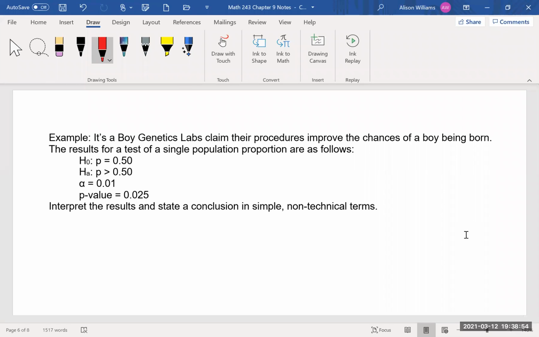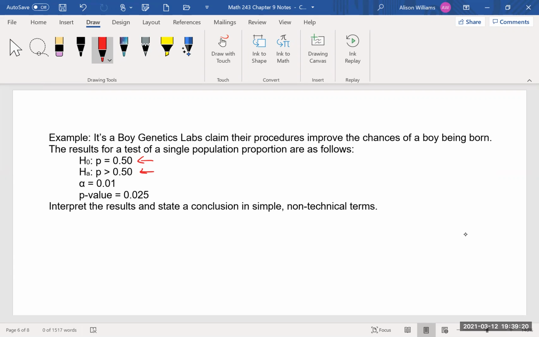To improve the chance of a boy being born, we're assuming that the chance at the moment is 50-50. We know that's not really true, but just for the moment, maybe it's a boy, maybe it's a girl, 50-50. So they created a hypothesis test that said that the proportion of boys is 50%, and they are claiming that it's greater than 50%, the chance that you'll have a boy.